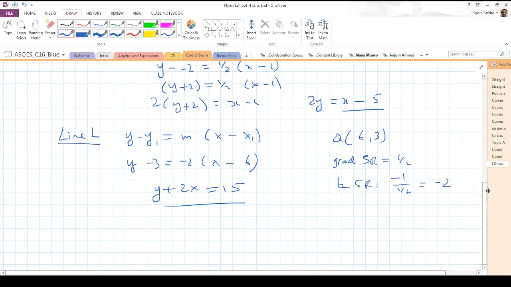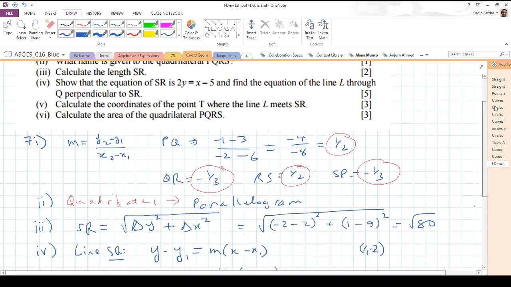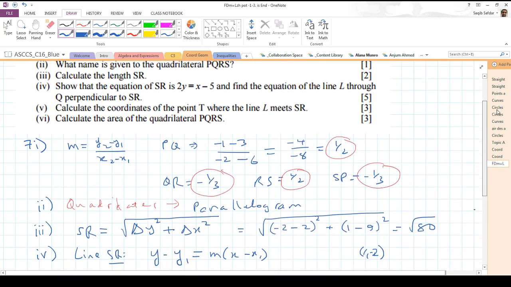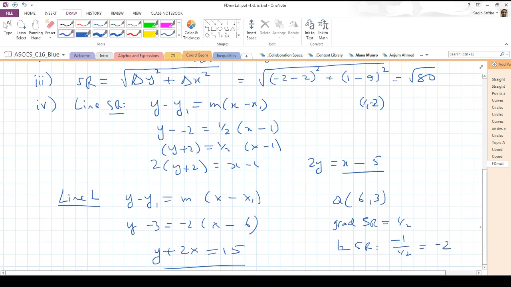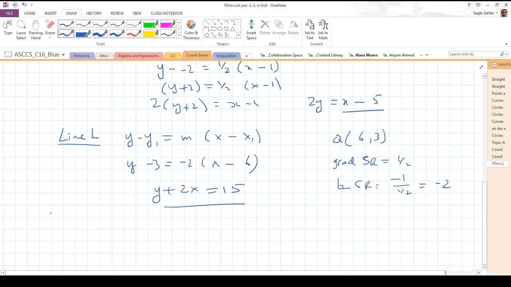Alright, okay, so there you've got line L. And then it says, part 5, calculate the coordinate of the point T where line L meets SR. Okay, so now let me just put that in, label the question. We want to find the point T where L meets SR, correct?